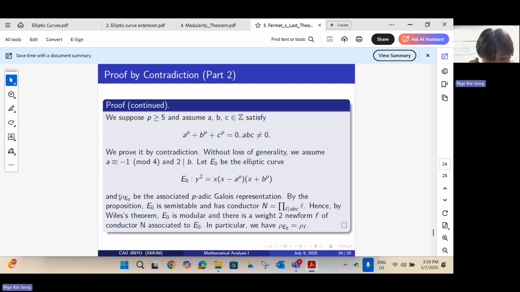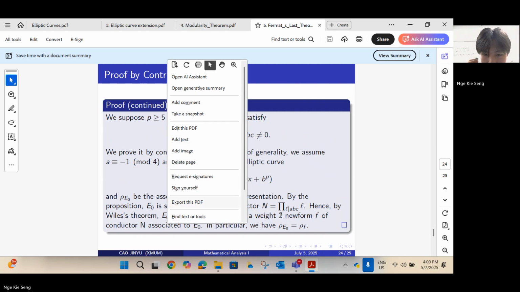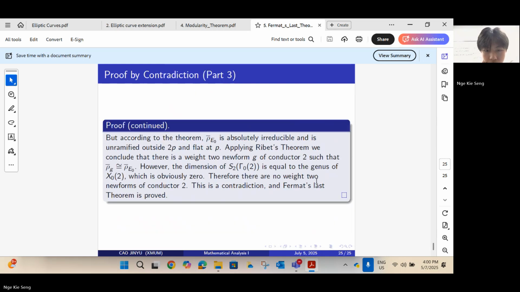Let rho be a function. So is this proposition using the Galois representation? Which part uses the Galois representation? The first line. This one.